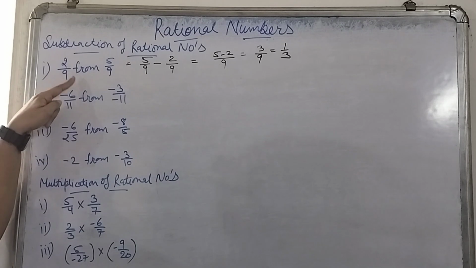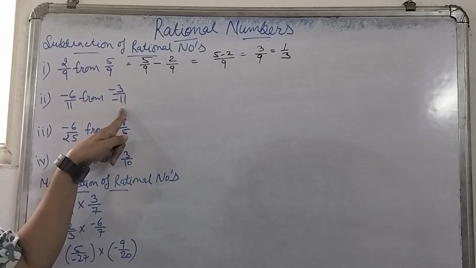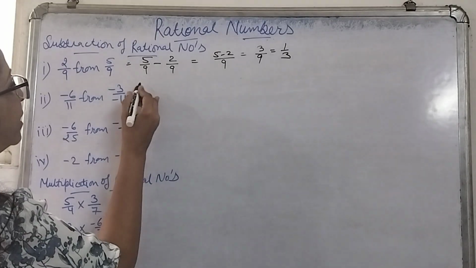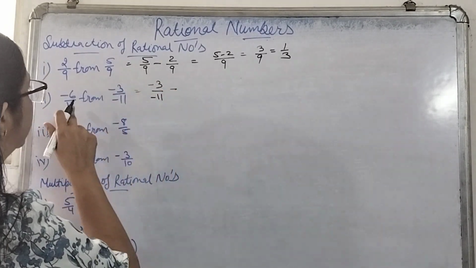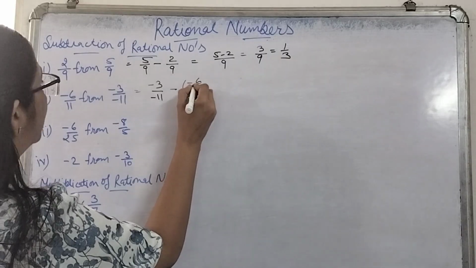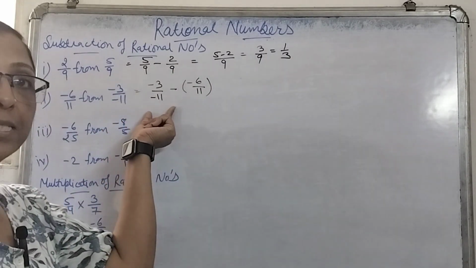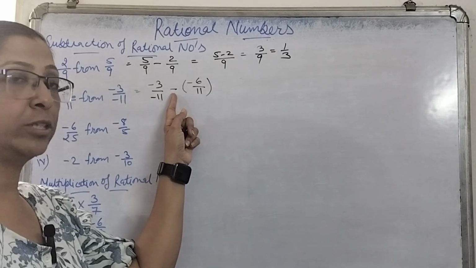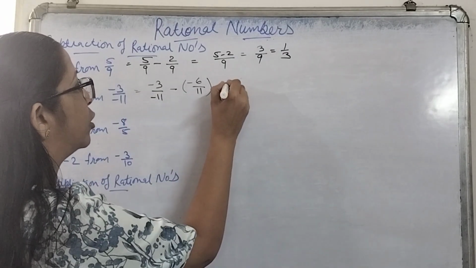The next one is minus 6 upon 11 to be subtracted from minus 3 over minus 11. So we write it as minus 3 over minus 11 minus 6 over 11. This number is to be subtracted from this number, so we have taken the minus sign for the subtraction. Now how will we solve it?